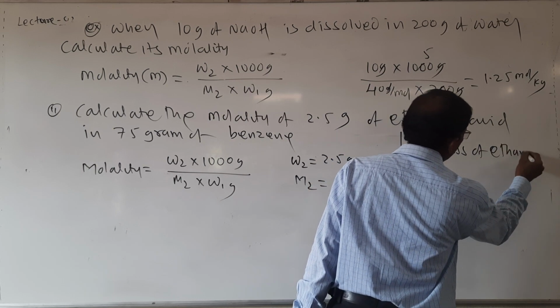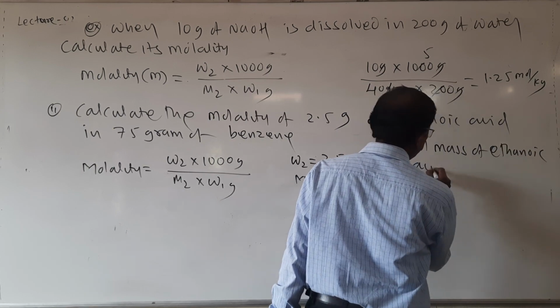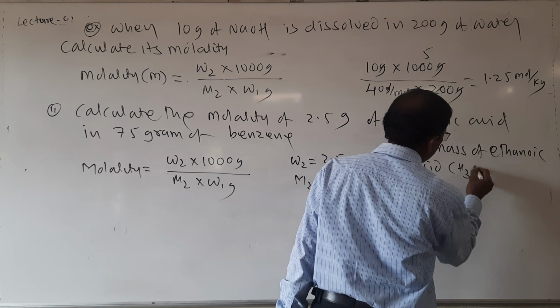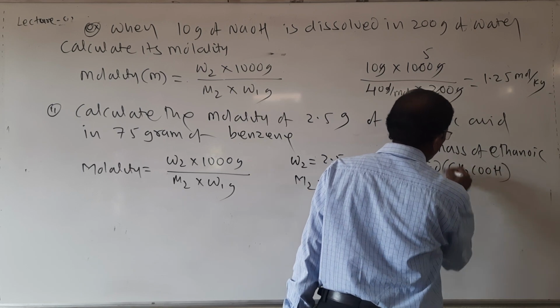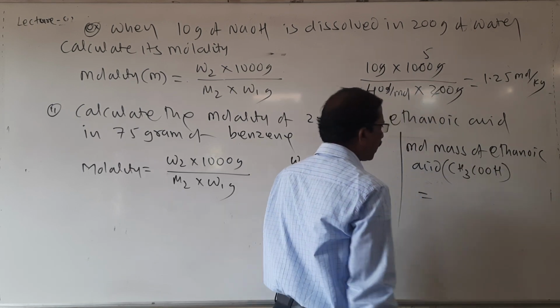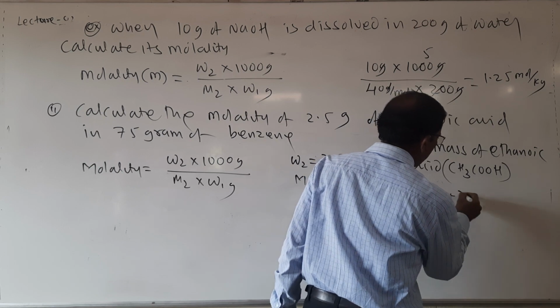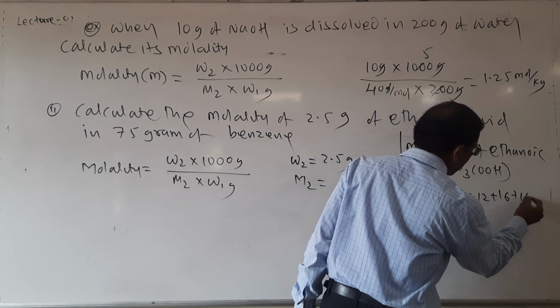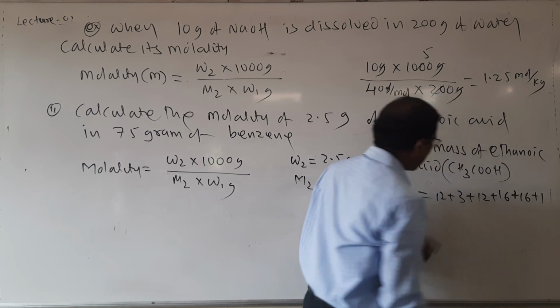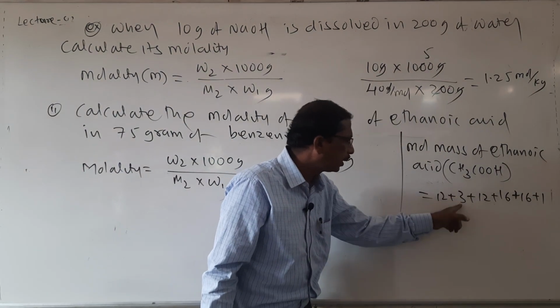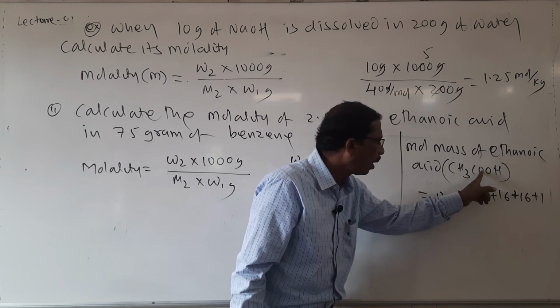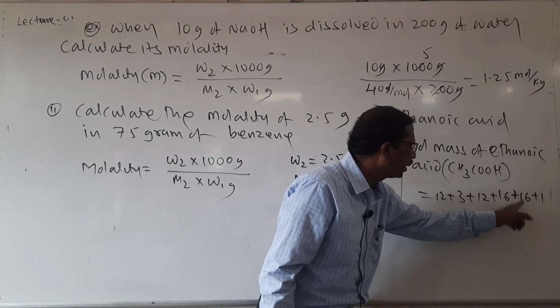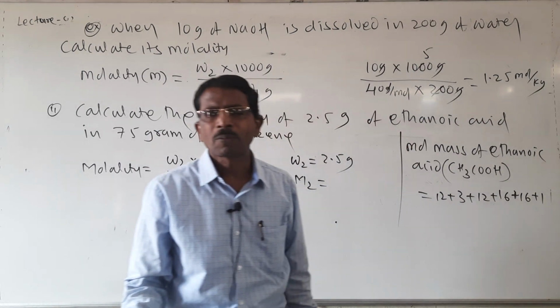Remember, the molecular mass of ethanoic acid, which is nothing but CH3COOH, is equal to carbon 12 plus 3 hydrogen plus again carbon 12 plus oxygen 16 plus oxygen 16 plus hydrogen 1.